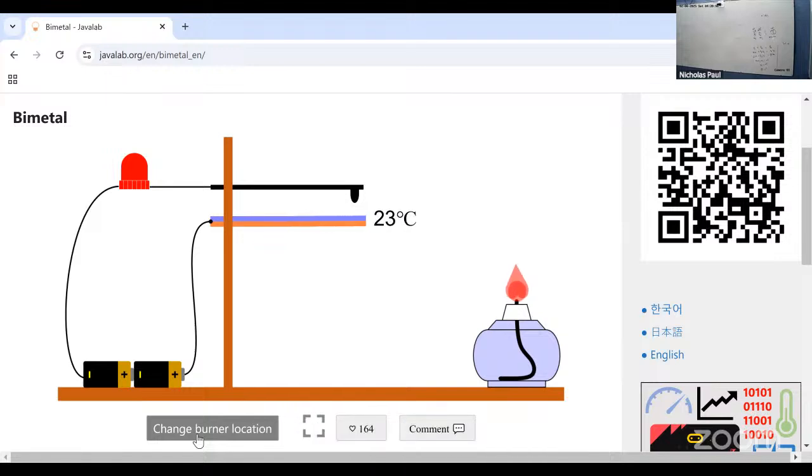Light on, then the light off, then the light on again, a switch, right? So it could be used as a switch.